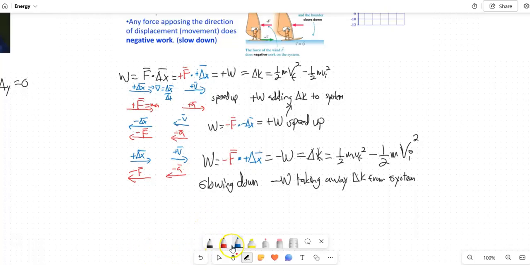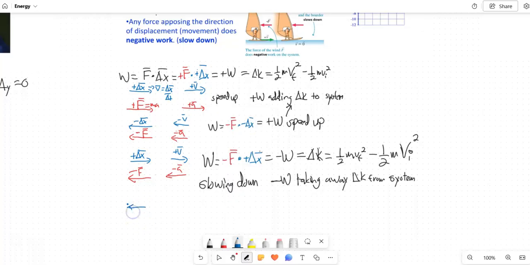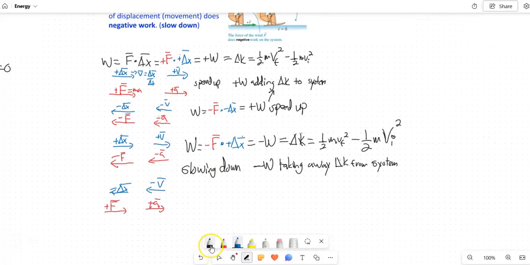Okay, just to be clear, I'm going to write the opposite. Suppose you're moving to the left, okay, which is a negative velocity vector, but your force vector is to the right, which means you have a positive acceleration vector. This is also going to be a negative work, right? Correct?